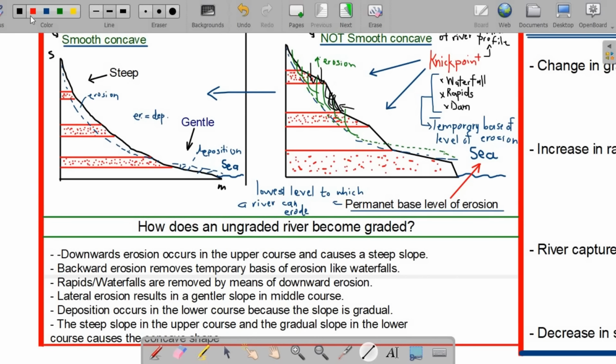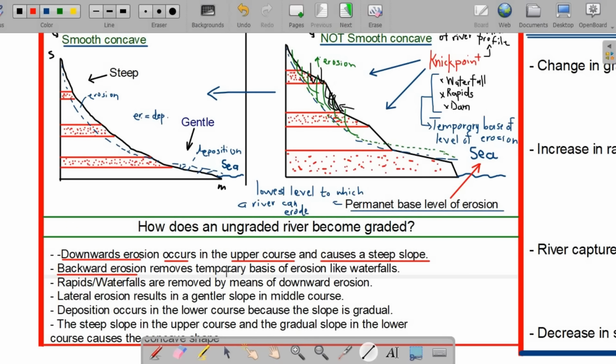Downward erosion needs to occur in the upper course, and this also helps to cause a steep slope. Remember, we want a steep slope in the upper course, so we have to remove this material, that material, so that you can get that steep slope. So that's downward erosion. And then we also need backwards erosion.